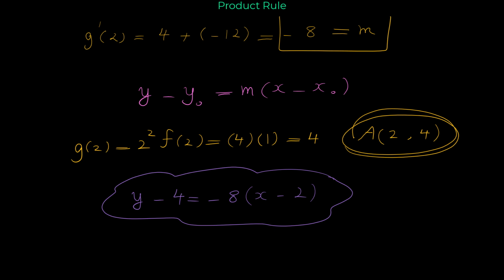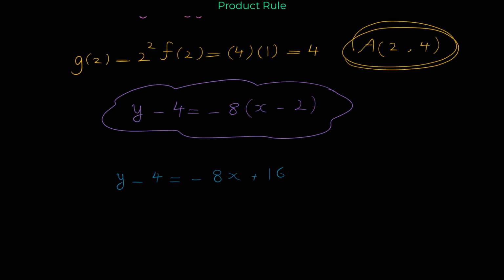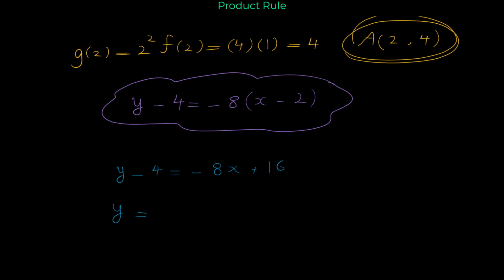If you want, you can multiply -8 in the bracket. y minus 4 equals -8x plus 16. If you move the 4 to the other side, y equals -8x plus 20.